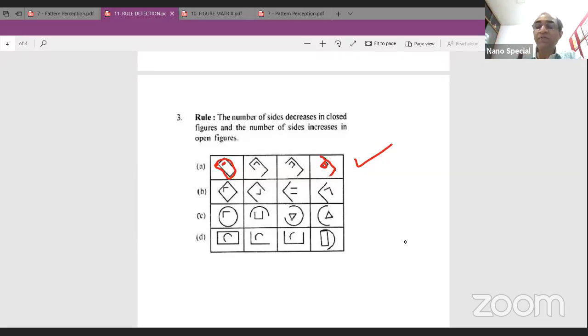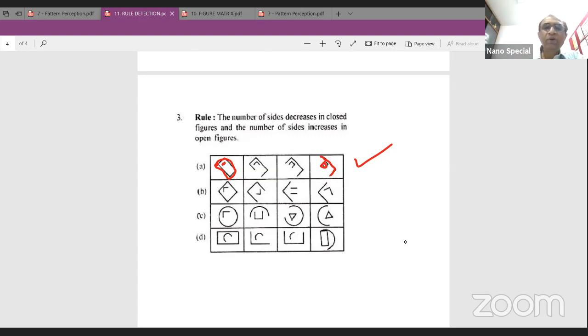No, we are not interested in finding almost right answers. What we are supposed to find out is the right answer. There is only one right answer and you got to find it out. So don't identify almost right answers, okay? And apply the rule thoroughly. That's all you got to do.